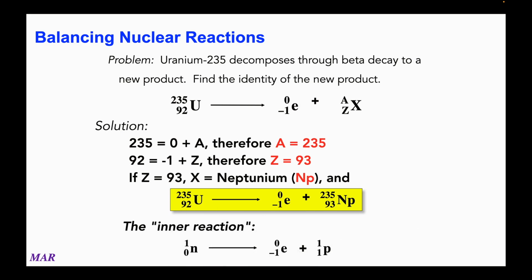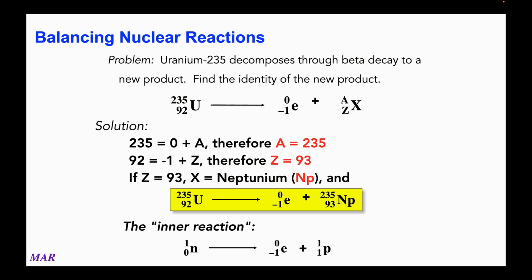It's not too hard. What's really interesting here, though, is that in reality, one of the neutrons in uranium is breaking down into a beta particle, 0 minus 1 e, plus a proton. If you look at the symbols for the electron and proton and add them up, minus 1 plus 1 is 0, which is what the neutron has in the lower left. 0 plus 1 on the top equals 1 on the top, which is what the neutron has.